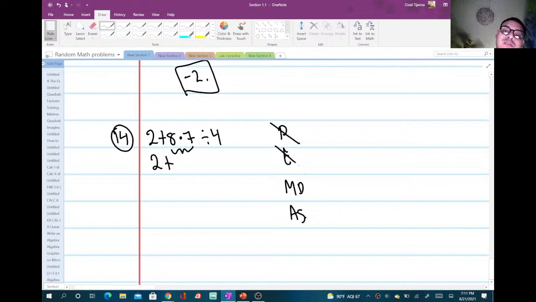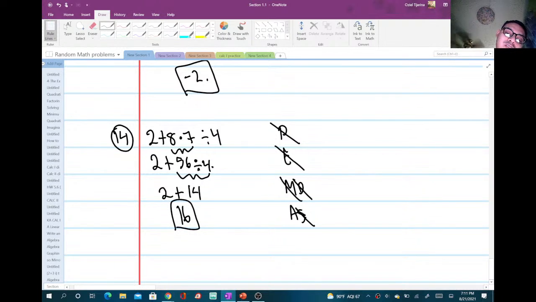There's no parentheses, there's no exponents, there's multiplication. 8 times 7 is 56, and then divided by 4. So 56 divided by 4, I think it's 14. And then you do 2 plus 14. So addition is 2 plus 14, which is 16. And there is no subtraction. So that is how you would do that one.